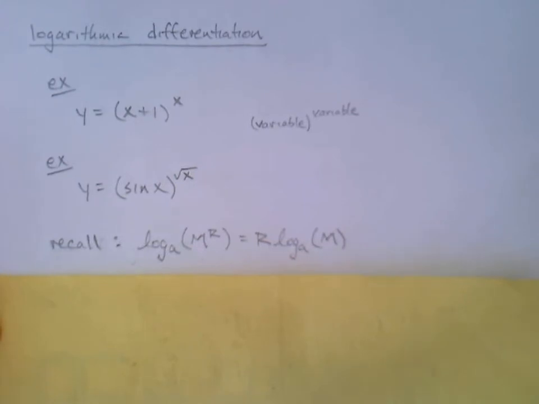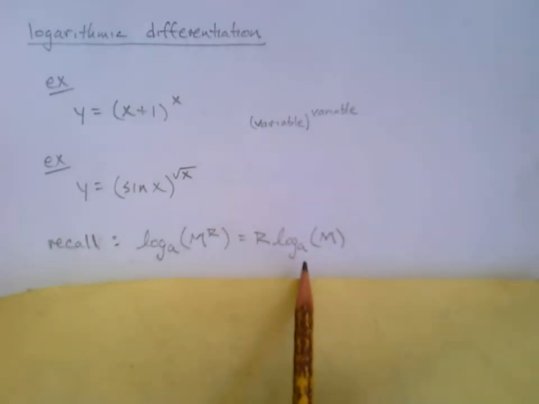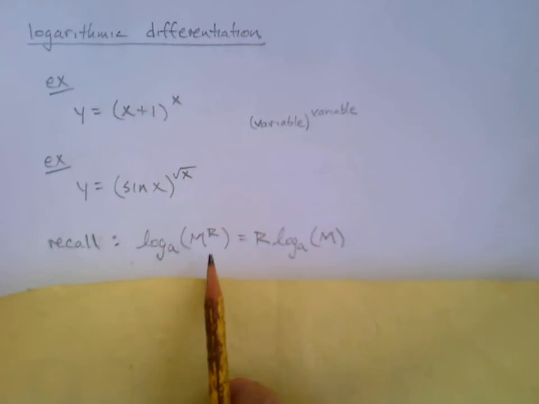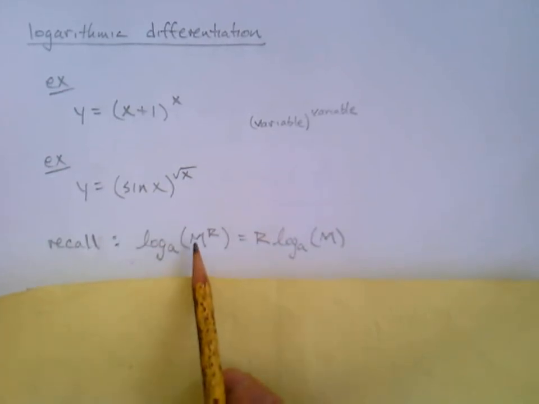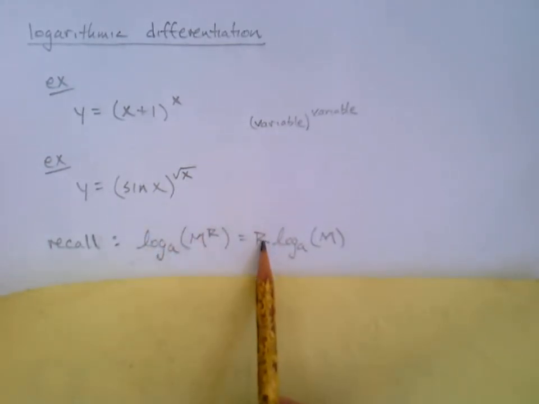One thing we need to remember that we're going to take advantage of here is this law of logarithms. I'm just pointing out one of the laws: the log of m raised to the r with base a. If inside your argument you have something raised to an exponent, they could be variables, they could be all constants, whatever the case, you can move that exponent down as a coefficient.